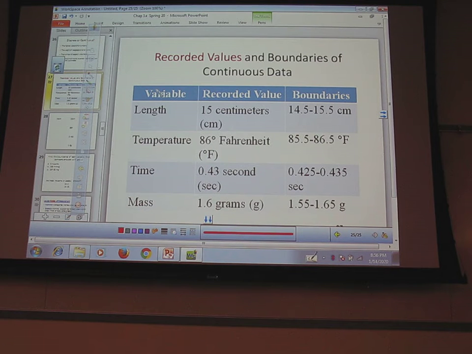We find the halfway point, and everything that's 14 and a half and above, I'd call 15. Everything 14 and a half and below, I'd call 14. So really my boundaries for 15, in other words what I would consider 15, is anything from 14 and a half to 15 and a half. Anything in that range, the closest thing is 15. Those are my boundaries.